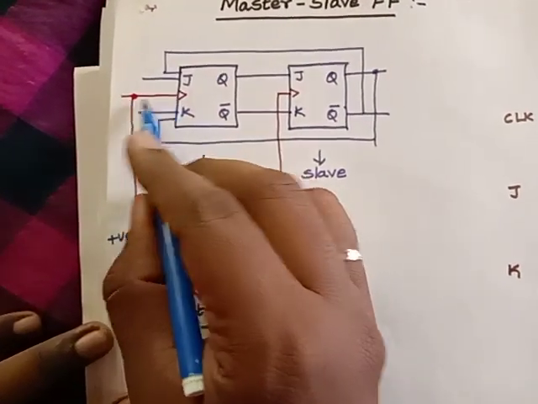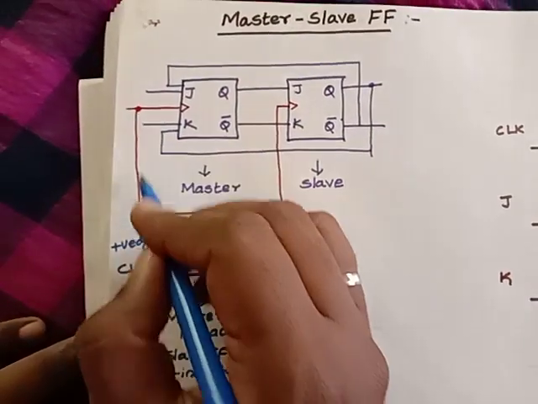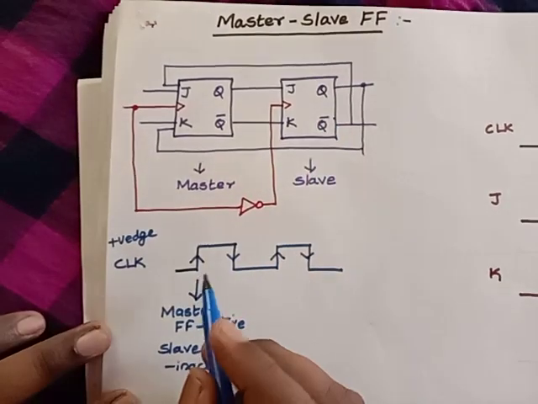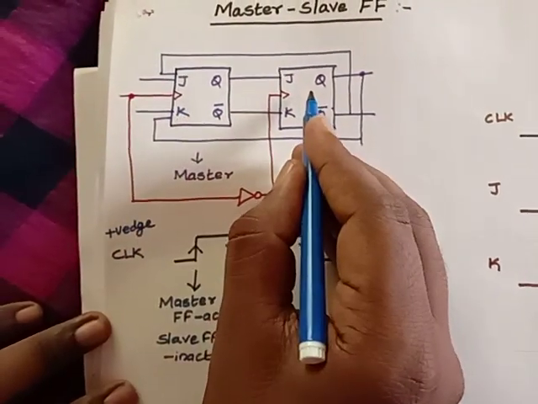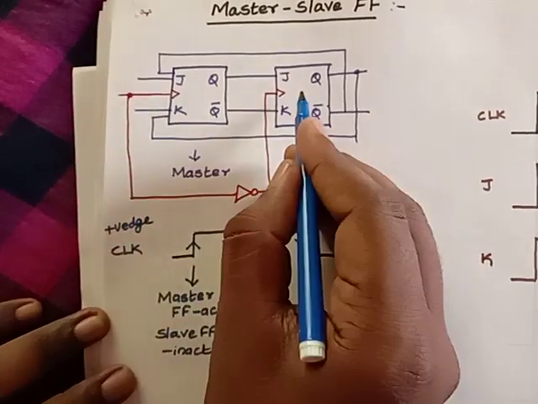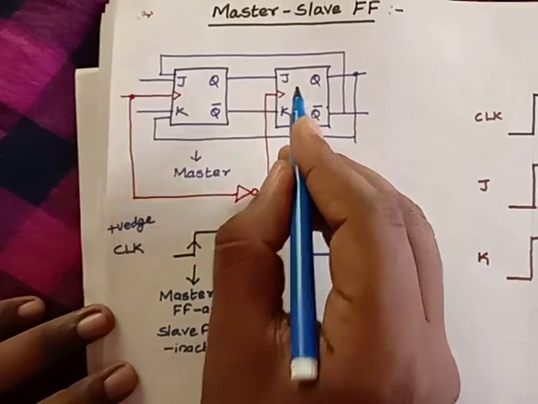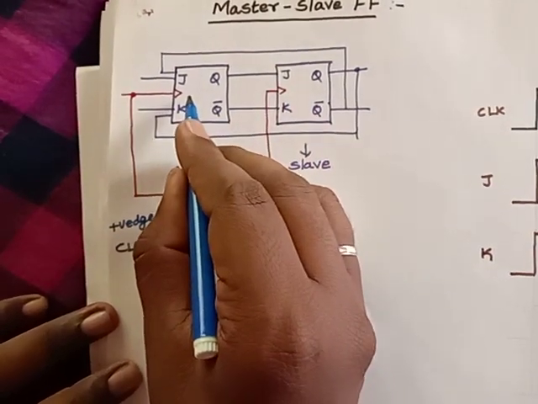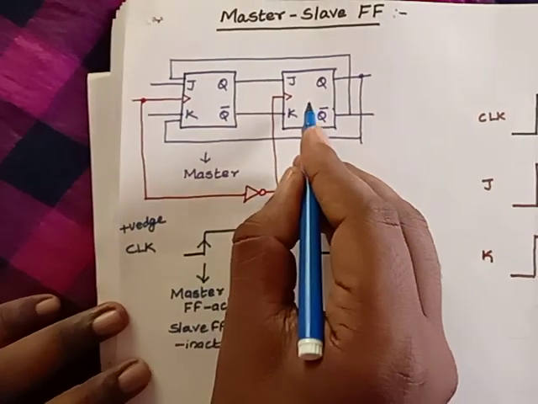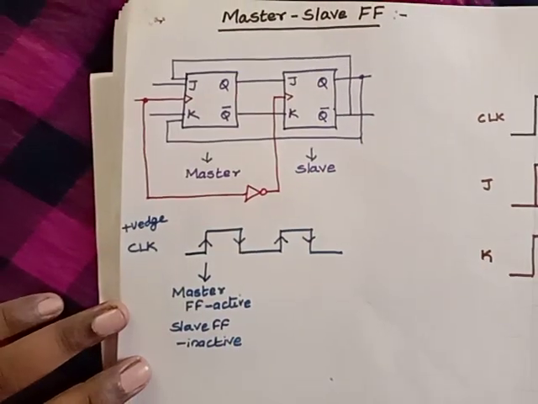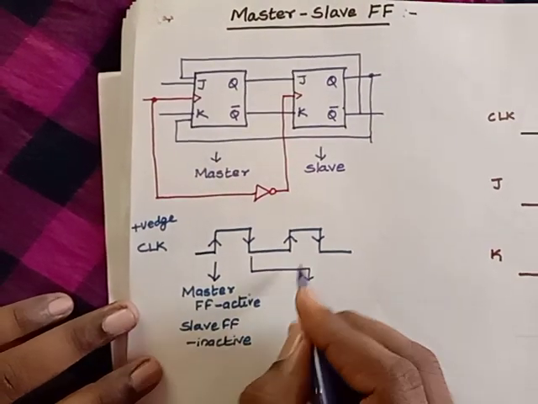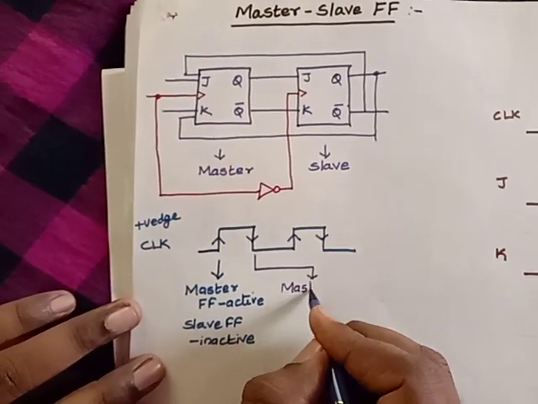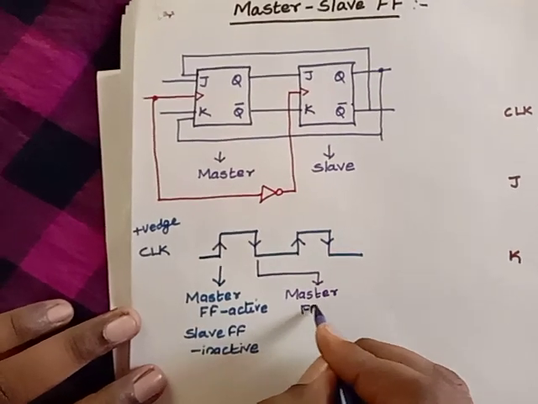Now after this pulse gets over, because we have the complemented pulse here, when this flip-flop becomes active at positive, this becomes active at negative. When this becomes active at negative, this becomes active at positive. Now we have assumed this is going to act at positive edge, so this will be active only at negative edge. That means at this end, at negative edge, your master flip-flop will be inactive.